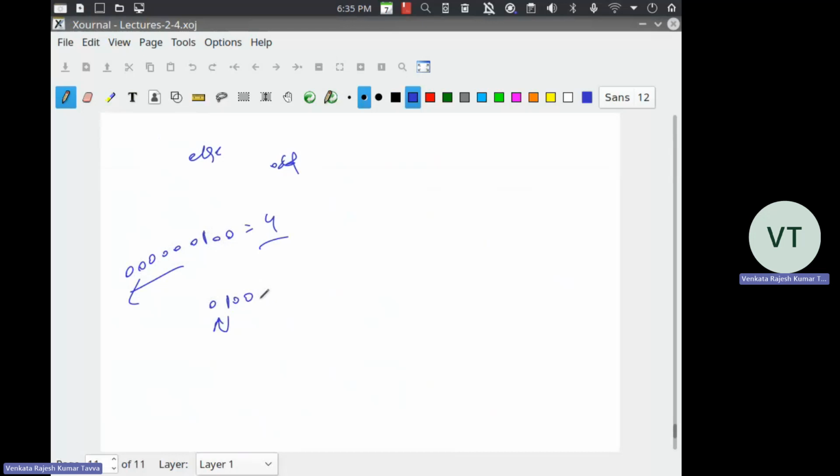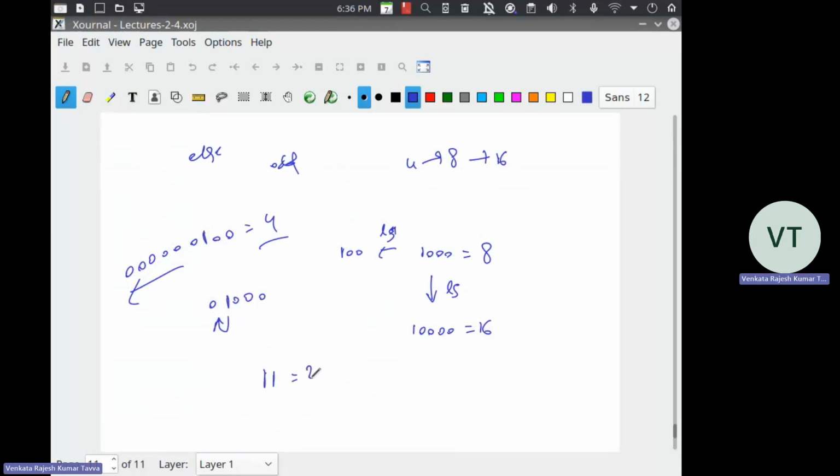There is an additional empty space, there 0 will come. So 1 0 0 on left shift will become 1 0 0 0. What is this? 8. Now this again on left shift will become what? 1 with 4 zeros. This is 16 and so on. So 4 is becoming 8 on the left shift, 8 is becoming 16 on the left shift.